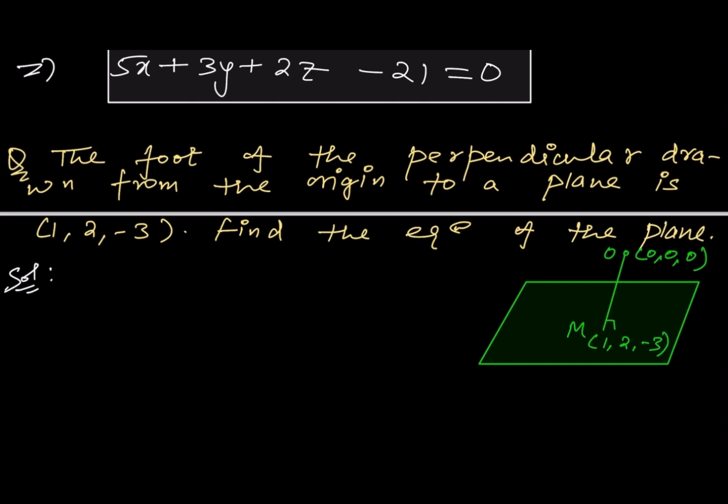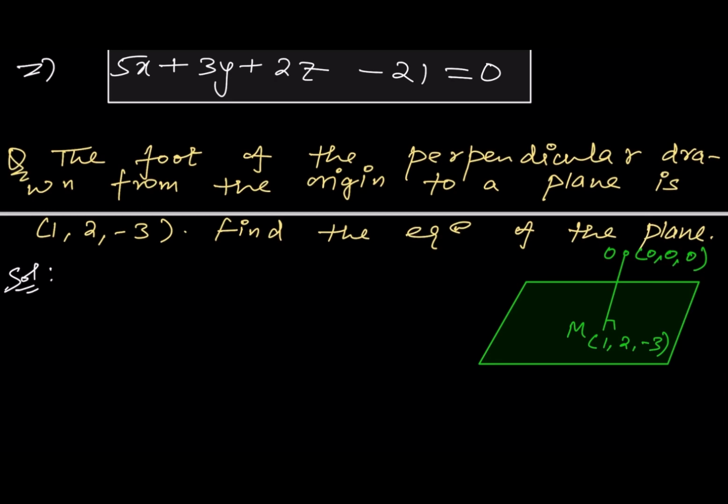So for the equation of plane, we need a point through which the plane is passing, and here in this case M is that point which is lying on the plane. Also a normal vector is required, and in this case the normal vector is OM vector.